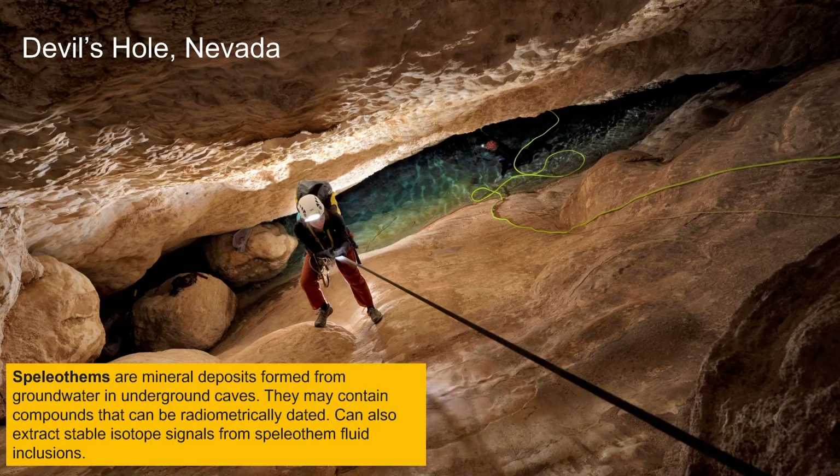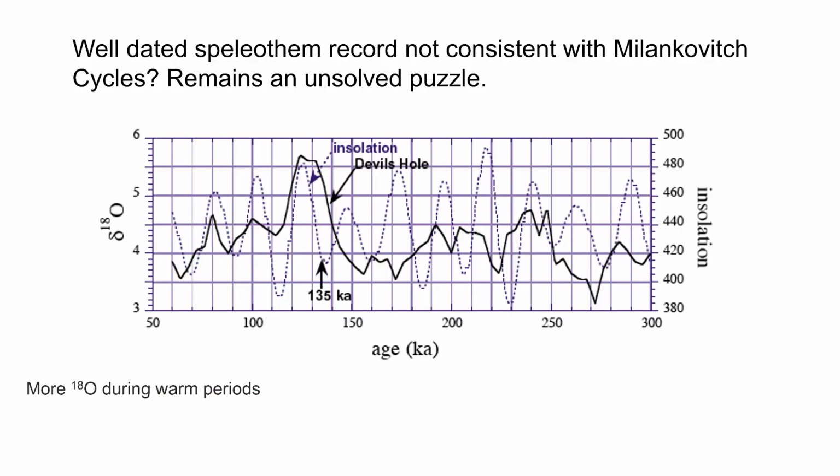And you can also get little pockets in there of fluid as they're being laid down, and so we can get samples of stable isotopes. In this case, it's an oxygen stable isotope that we're looking at. And oxygen comes in oxygen 16 and oxygen 18. Oxygen 18 indicates a warmer atmosphere.